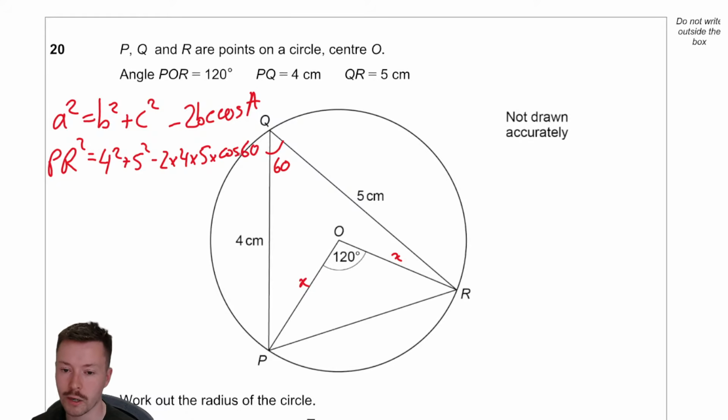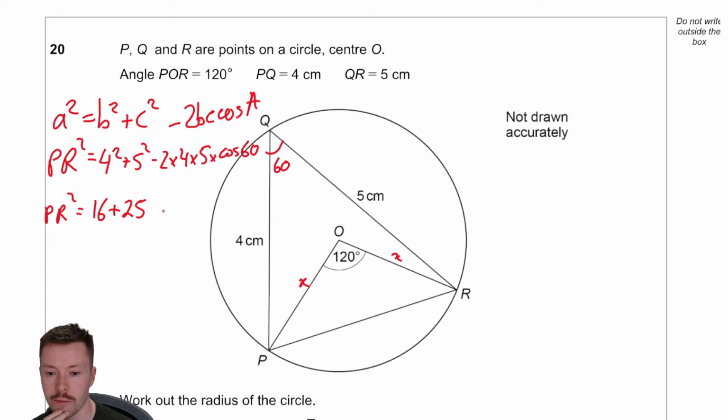Okay, so you need exact trig values for this question as well. So PR squared is 16 plus 25, 2 times 4 is 8 times 5 is 40, minus 40 cos 60.